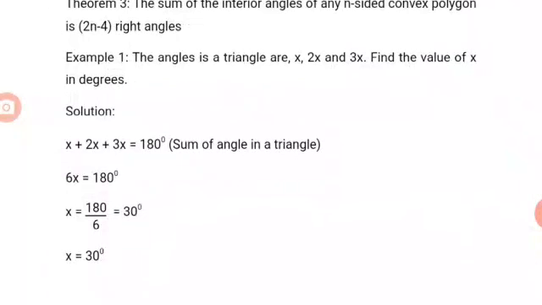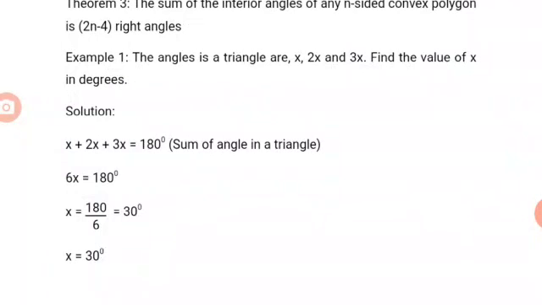When we add x to 2x, it gives us 3x. When we add 3x to 3x, it gives us 6x, which is equal to 180 degrees. Therefore, x will be 180 degrees divided by 6, which gives us 30 degrees. So the value of x here is 30 degrees.